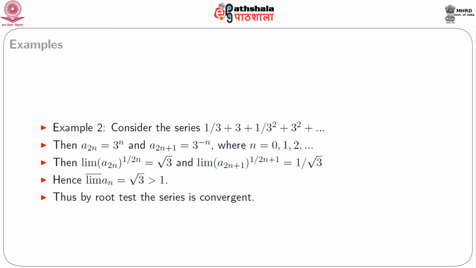Then the limit of a_2n to the power 1 by 2n is root 3, and the limit of a_(2n+1) to the power 1 by (2n plus 1) is 1 by square root of 3. Therefore, the limit superior of a_n to the power 1 by n is square root of 3, which exceeds 1, and hence by root test the series converges.